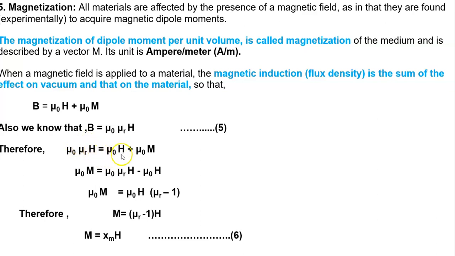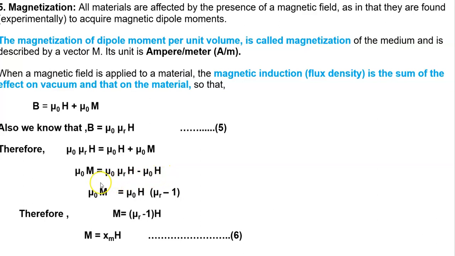Bring both H terms to one side. Since we want to see the magnetization, mu 0 M will be equal to mu 0 mu R H minus mu 0 H, right?